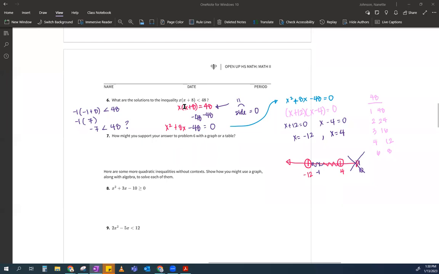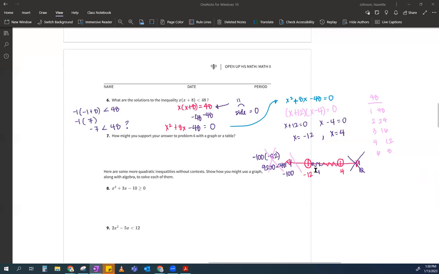Is -100 times -92, what is that? 9200? Is that less than 48? This is a question. Yeah, no, it's greater. So this one again is not a solution area.